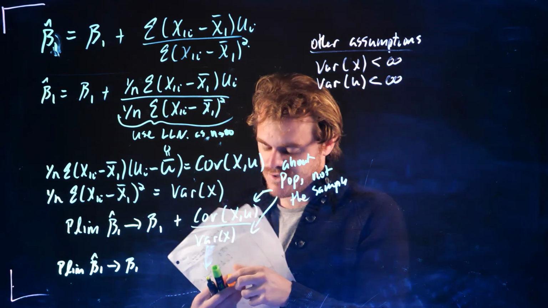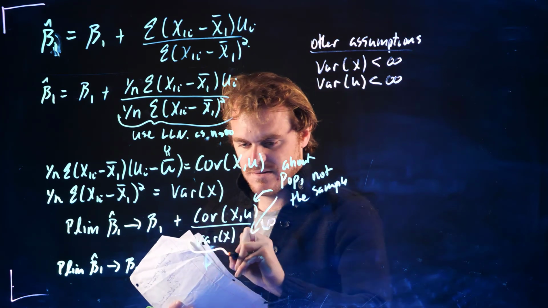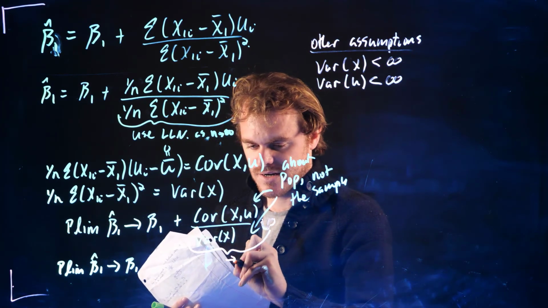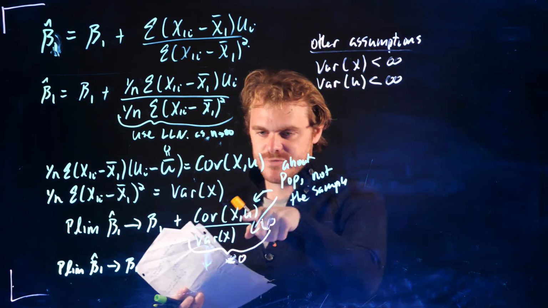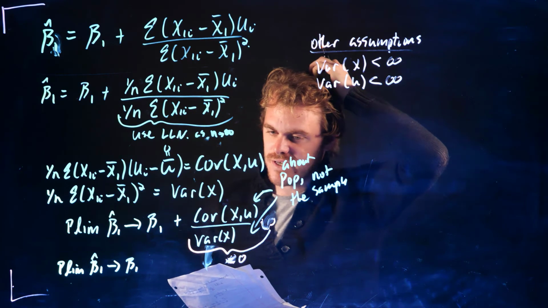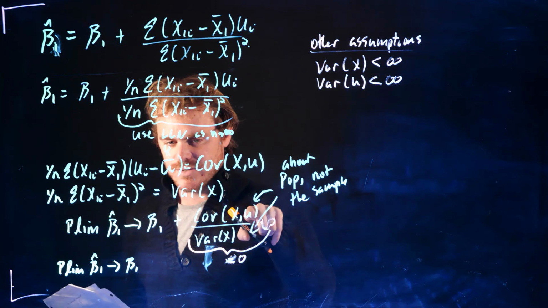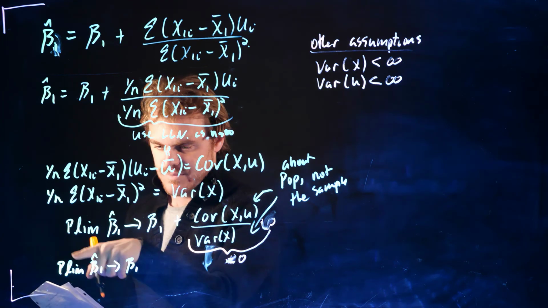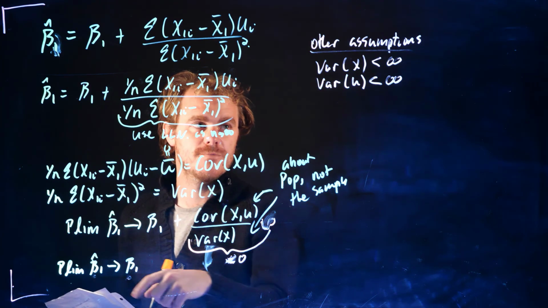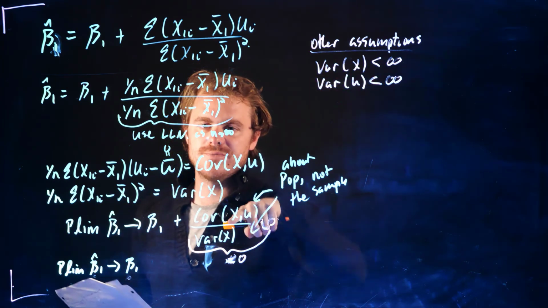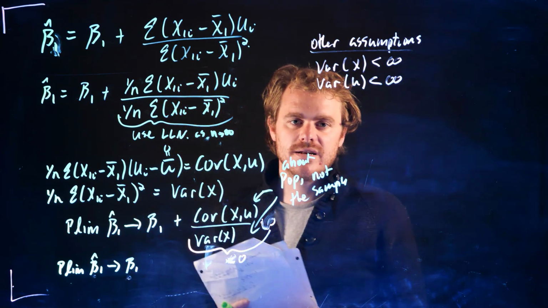It's not that the variance goes to 0; it's this whole fraction that equals 0 by assumption, because of the assumption we made about the covariance between x and u. If that assumption holds, this covariance equals 0, then the p-lim of beta hat 1 is just equal to the true value, which means it's a consistent estimator. I also mentioned a couple other assumptions we needed: the variance of x can't be infinity, and the variance of u can't be infinity as well.